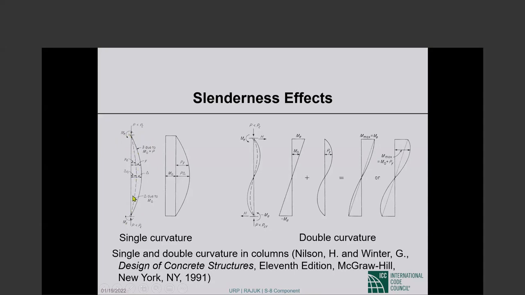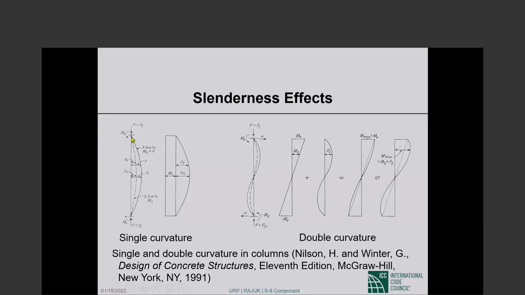give you this deflected shape and this bending moment diagram, and then the P, the axial load, because of the deflection, gives you additional deflections and additional bending moments. Are you with me? So the end moments themselves cause the dotted deflections and this bending moment.